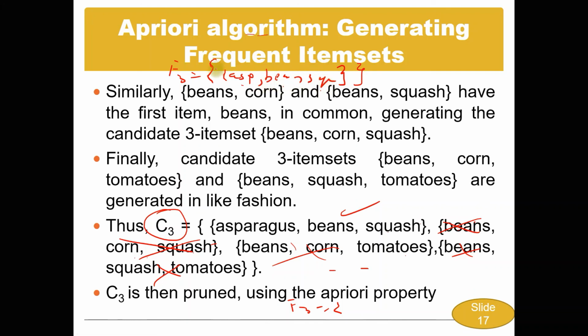From the F3 that you got here, you can start deriving a 2 antecedent rule. If I buy asparagus and bean, then buy squash. If I buy asparagus and squash, then buy bean. If I buy bean and squash, then buy asparagus. So you already got 3 rules that can be developed out of this.